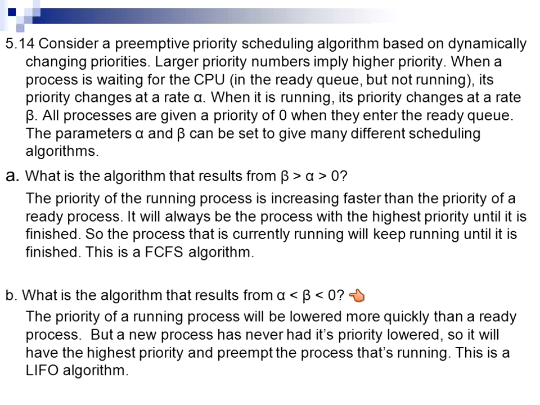Okay, because let's say beta might be a -10, and alpha might be a -1, for example. So the priority of the running process is going to be lowered very quickly. But a new process coming into the system never had its priority lowered, so it starts at 0.